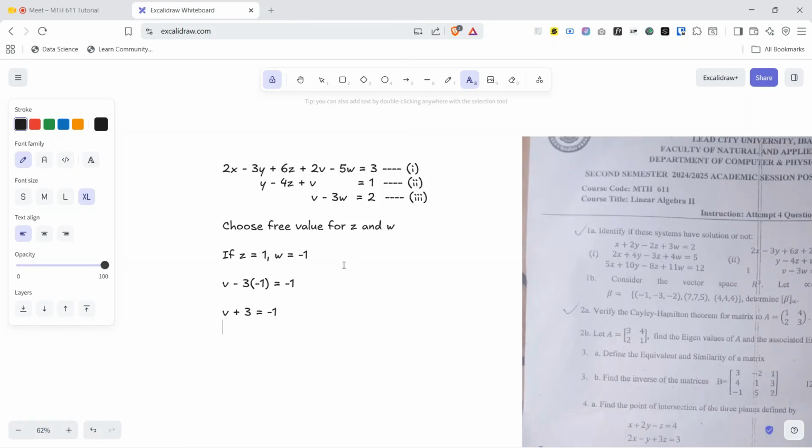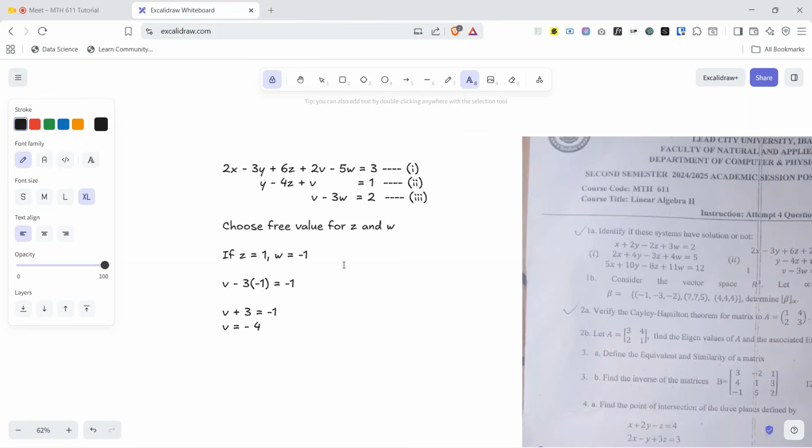So that means V would be equals to minus 4 because you carry 3 to the other side, minus 1 minus 3, which would be minus 4. So now we know Z, we know W, and we know V.